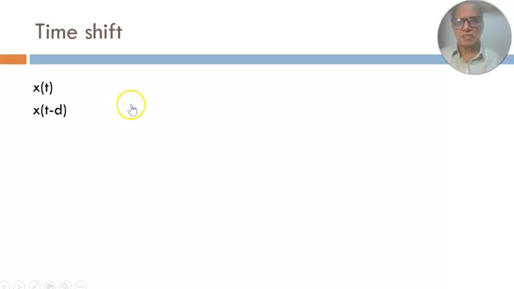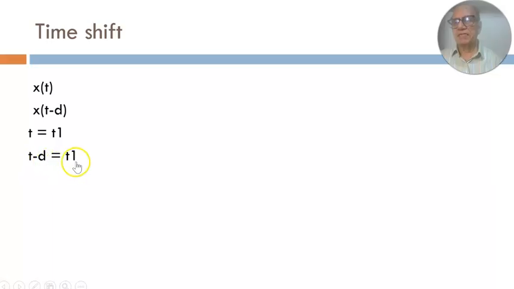How to show this? Let us first assume some instant of time, let's say t equal to t1. So x(t) has some value at t equal to t1. Now x(t minus d) will also have the same value when t minus d itself is t1. That means the time at which the delayed signal has the same value is going to be different. So what will it be? Let us see. At t equal to t1 we evaluate x(t), and we want t minus d also to be t1 at this point.